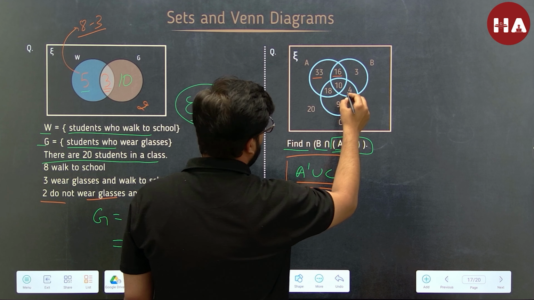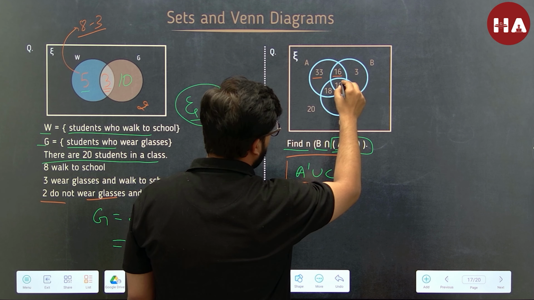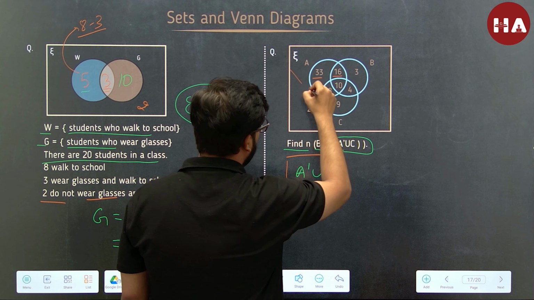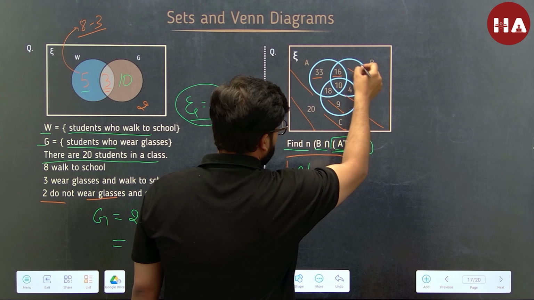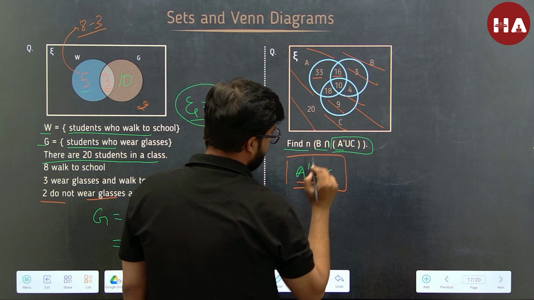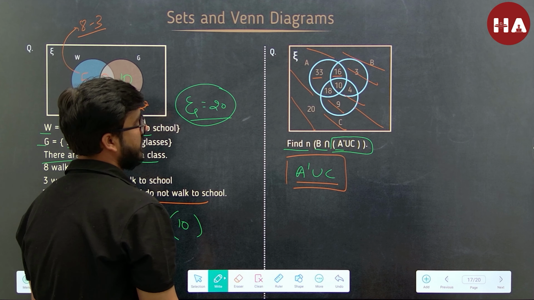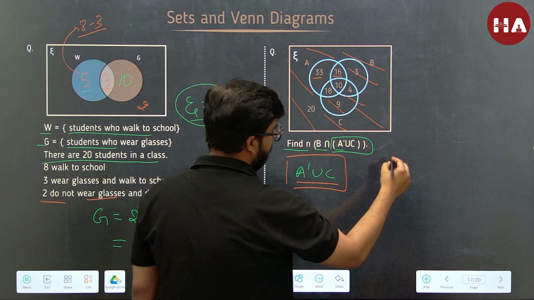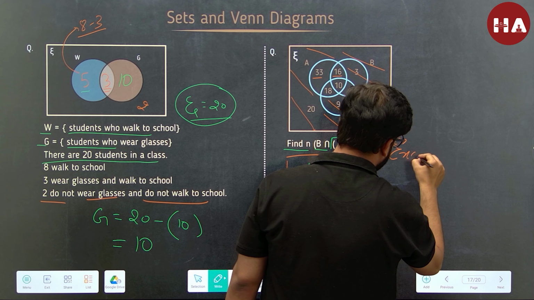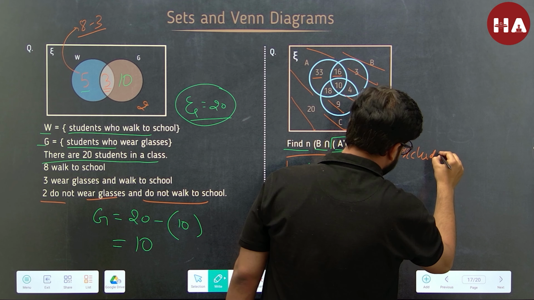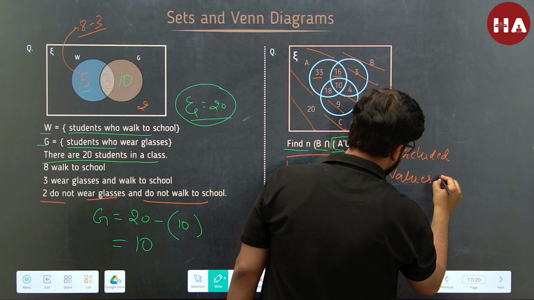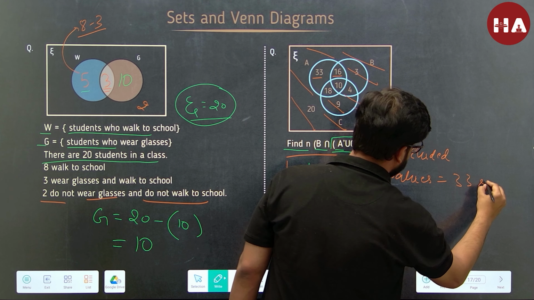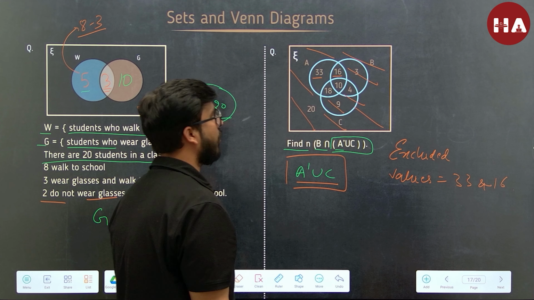Now I will be left with the values of the whole region that comes under A complement union C. The excluded values will be 33 and 16. Okay, hope you are following.